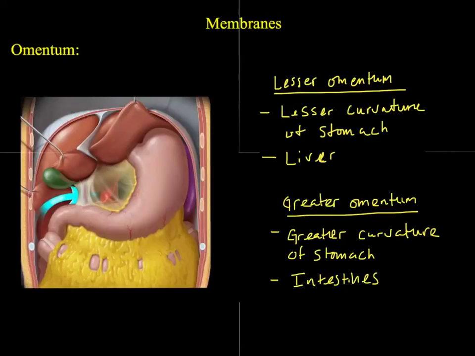So here's the greater omentum, and you can see that the greater omentum attaches the greater curvature of the stomach to the intestines. And this greater omentum will cover all of the intestines. And you can see that the greater omentum is yellow, which means it consists of fat.